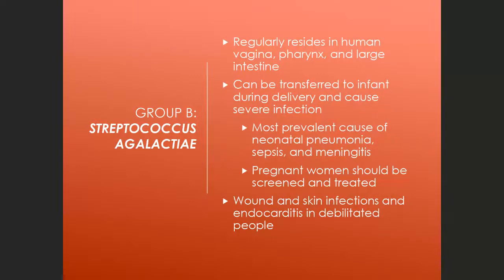Okay, the next group is Streptococcus agalactiae. Mostly they reside in the vagina, pharynx, and large intestine. They most prevalently cause problems for the baby, the neonates, causing pneumonia, meningitis, and maybe sepsis.